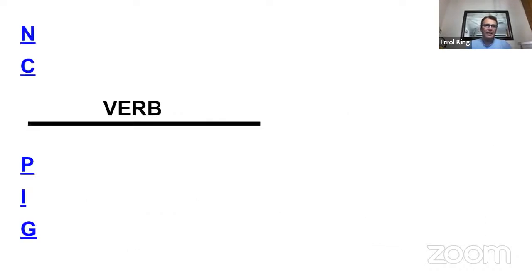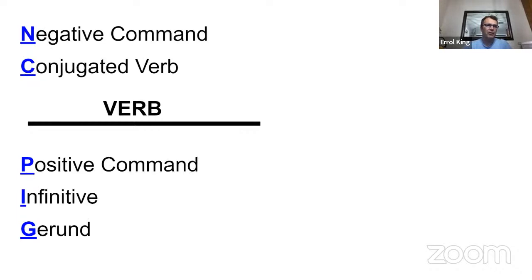It is called NC PIG. So NC, then right in the middle we have a verb, PIG, and we'll explain what that means. This depends on what type of verb we have in the sentence. Those verbs are a negative command and a conjugated verb.